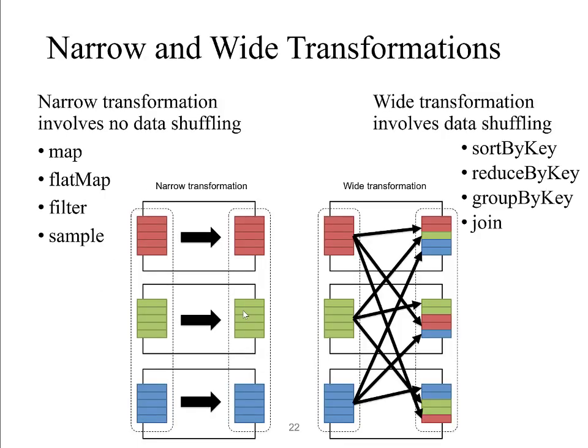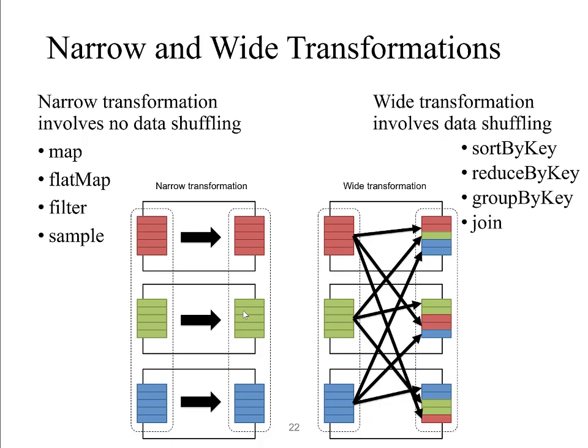All right. So narrow and wide transformations, and the difference between them. Again, remember that a transformation is an operation that takes an RDD as input and outputs RDDs. The narrow transformation involves no data shuffling, while the wide transformation involves data shuffling.